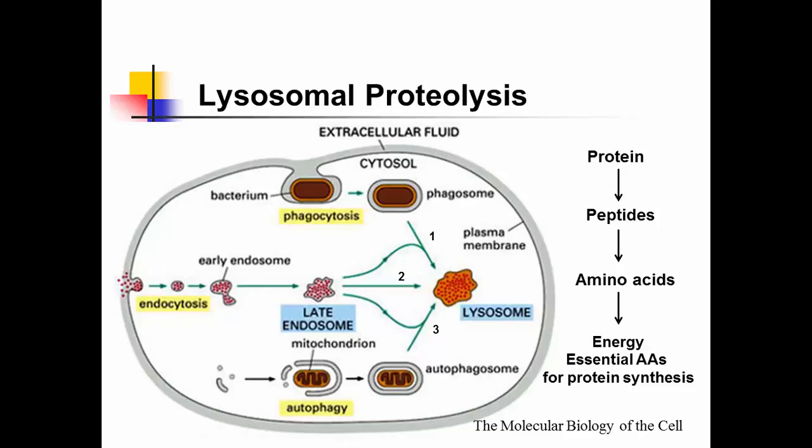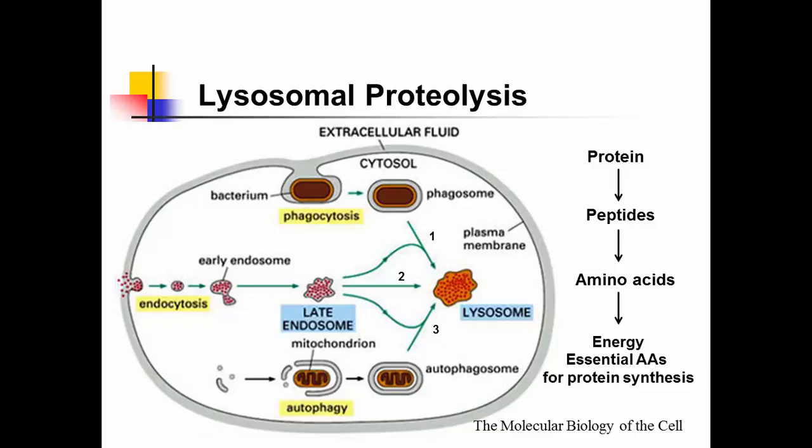Bacteria can be taken up by endocytosis by macrophages, forming the phagosome, and then the phagosome can fuse with the lysosome, right? Again, the enzymes in the lysosome degrade the bacterial proteins.